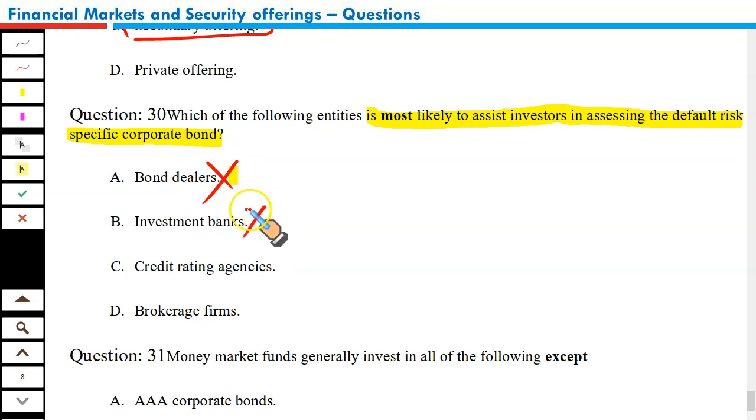Investment banks, they will push the bonds on your head, they will sell more. Credit rating agencies, these are the agencies that assign ratings to the bonds, which is in fact very helpful for me to decide which bond I should purchase or which I shouldn't. So that makes C the correct option.